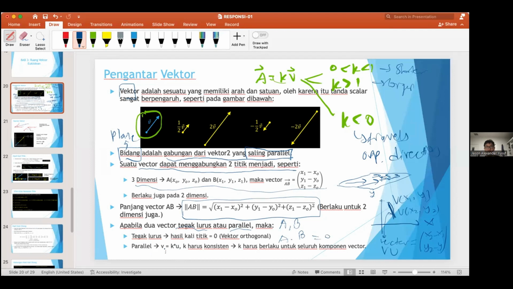If it's parallel, then A must be equal to KB, and it must apply to all vector components. Let's say you have a vector with 3 cells. If the multiplication of K only applies to the first 2, but doesn't apply to the third, that means those 2 vectors are not parallel to each other. Okay.